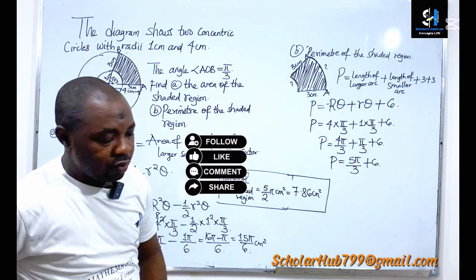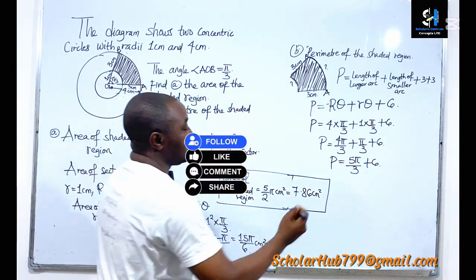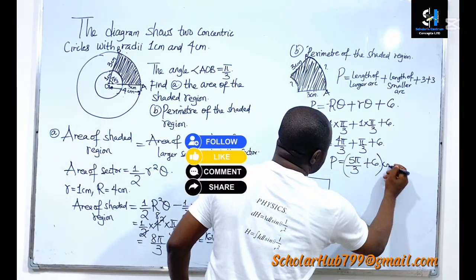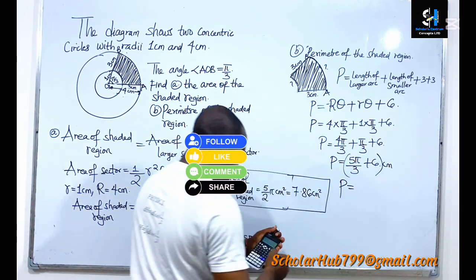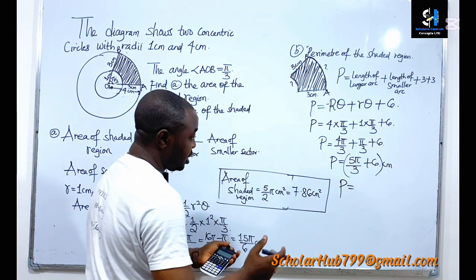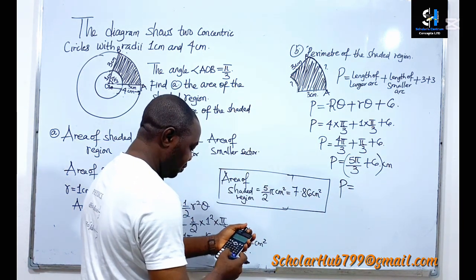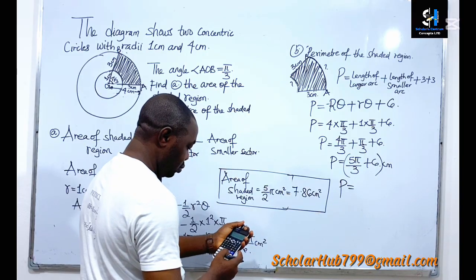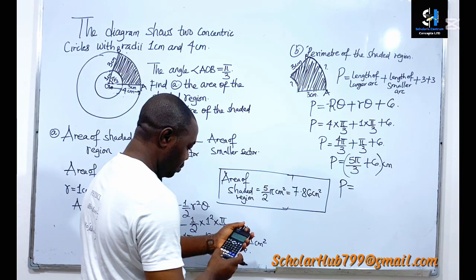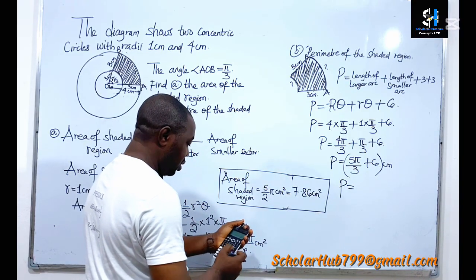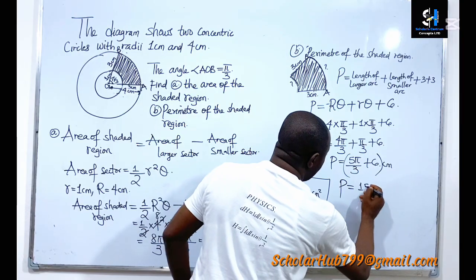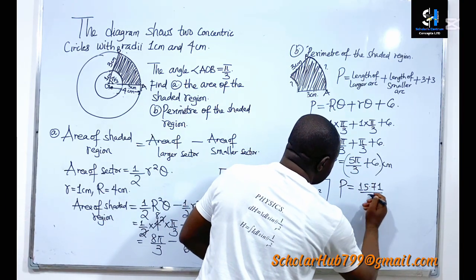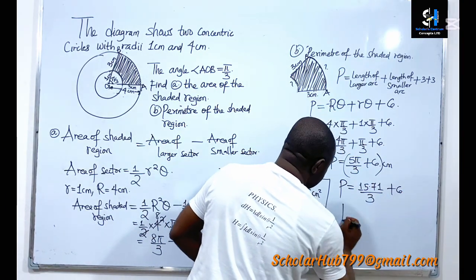Now this is the perimeter in centimeters. Then we can also convert it to decimal. So what is 5 times 3.142? That will be 15.71, divided by 3, plus 6.